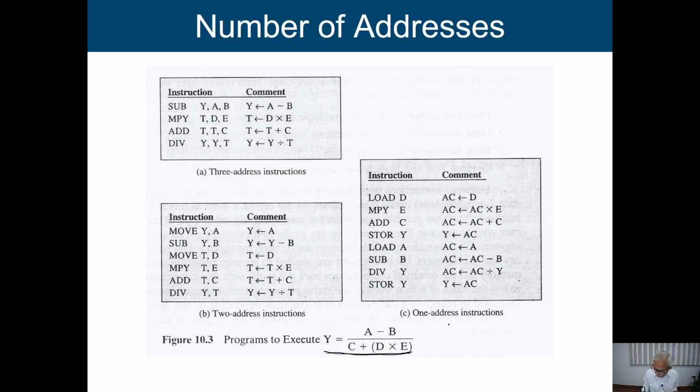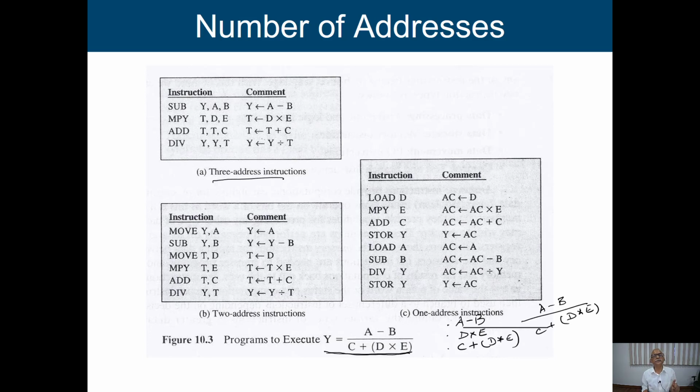The first operation may be A minus B, the second operation may be D cross E, then the third operation will be C plus D cross E, and the fourth is A minus B divided by C plus D cross E.